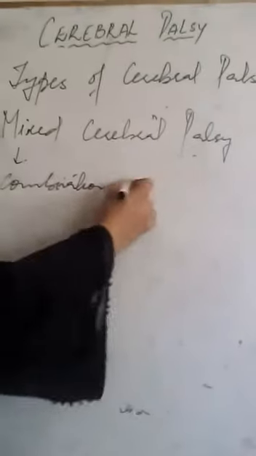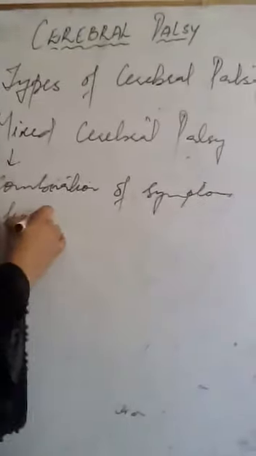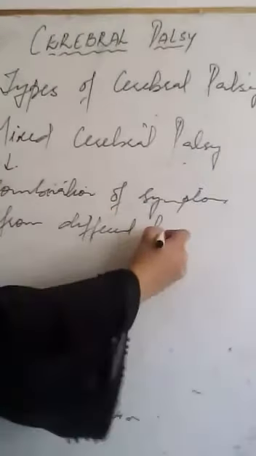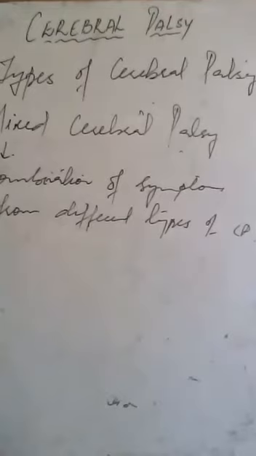Some children may have a combination of symptoms from different types of cerebral palsy. This is called mixed type cerebral palsy.